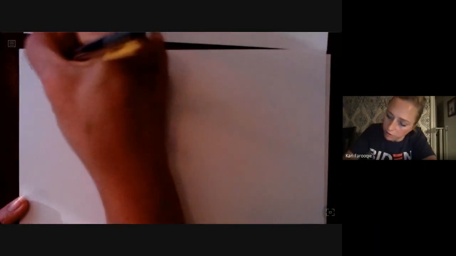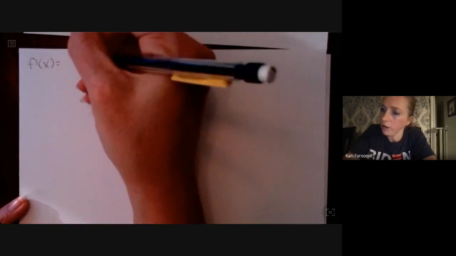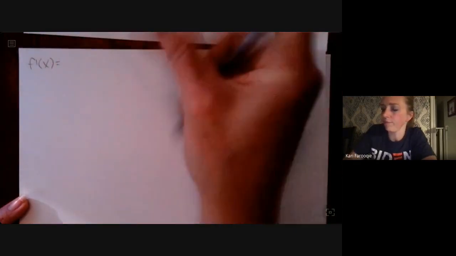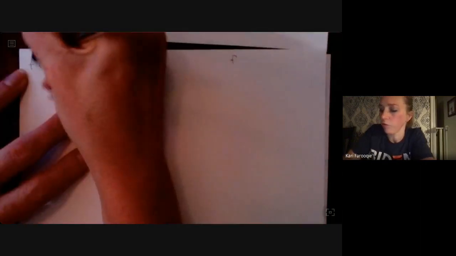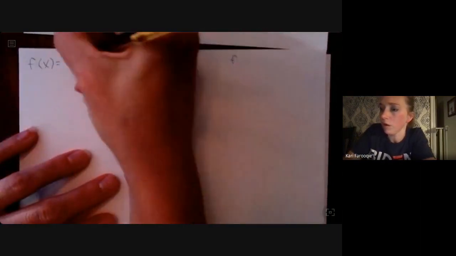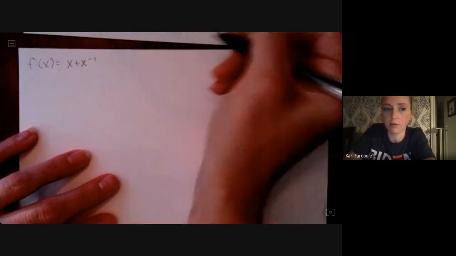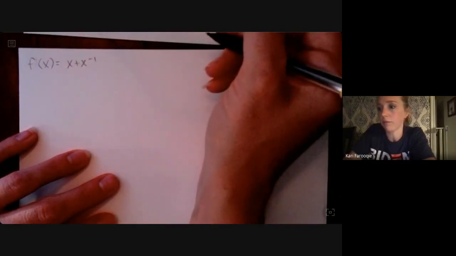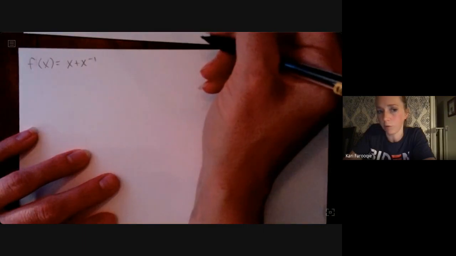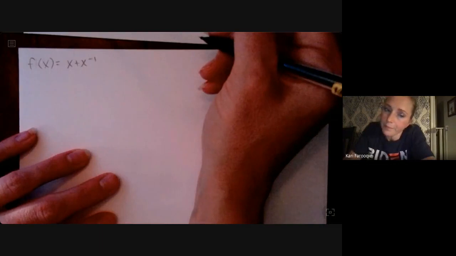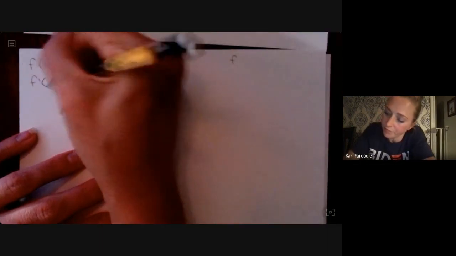F prime of x. Well, again, we had f of x written a couple different ways. I'm just going to remind you of f of x before I take the derivative. We had it written like this. If you want to keep it like that, that's going to be easier to take the derivative. We'll just have to rewrite it as a quotient in order to examine it. Kind of up to you.